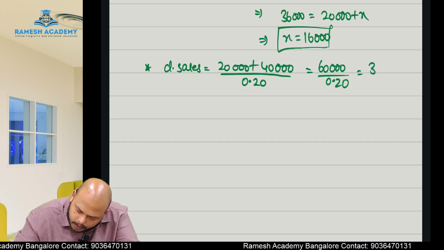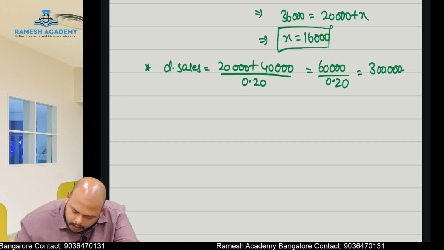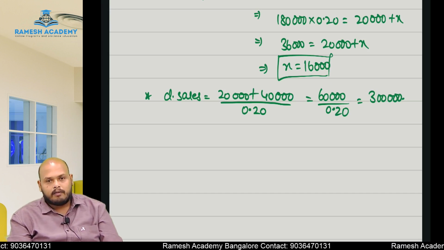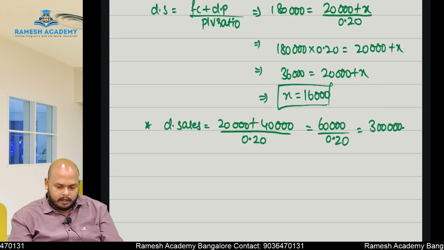That is nothing but how much? 3 lakhs. So when the desired sales is 3 lakhs, the profit will be how much? 40,000.